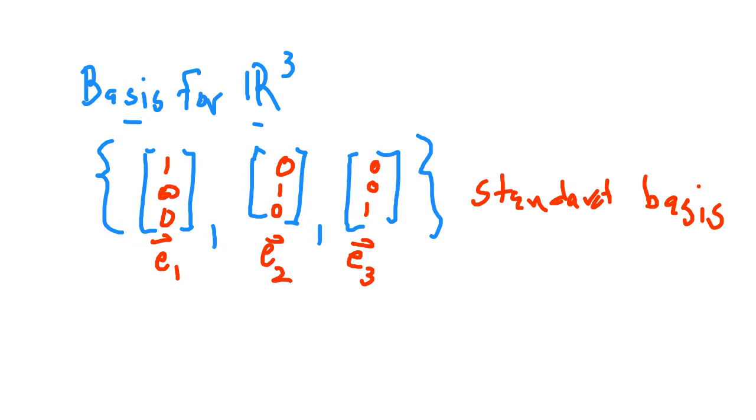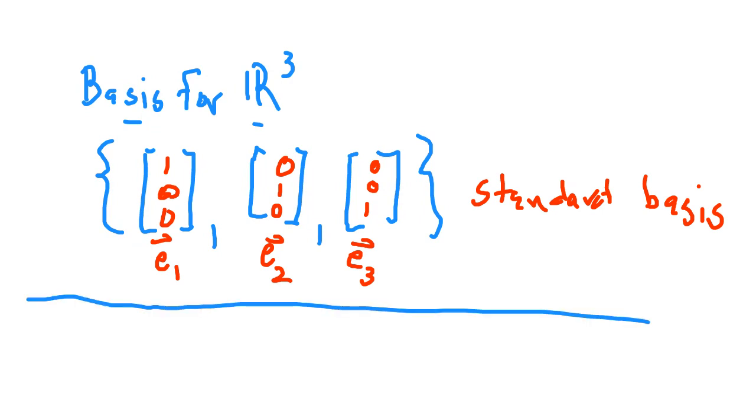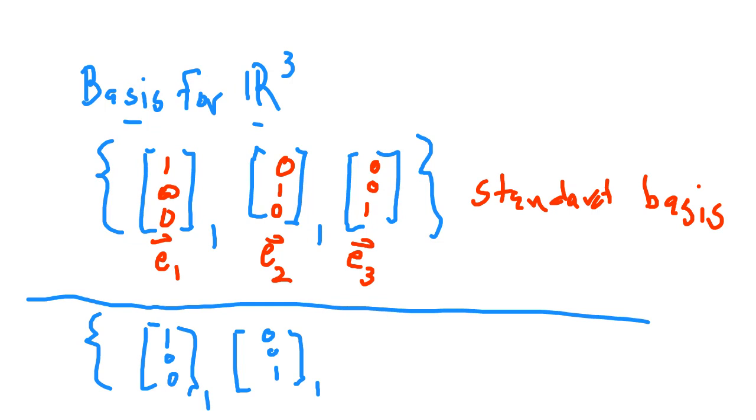Suppose you had 1, 0, 0, 0, 0, 1, and 1, 2, 3. Would this set of 3 vectors be a basis for R3?